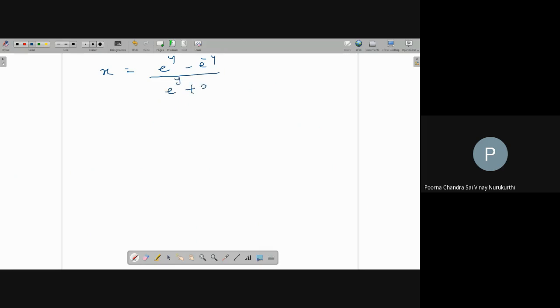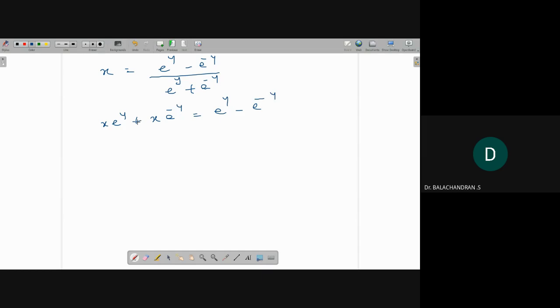Yes, correct, Purnachandra. So the 2 gets cancelled. Okay. So now you can cross multiply: x into e to the power y plus x into e to the power minus y equal to e to the power y minus e to the power minus y.